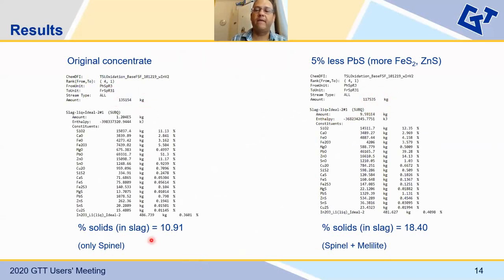But most important is that the percentage of solids in the slag increases a lot. So our hypothesis is that once you have much more solid oxides in the slag than for the original concentrate, you are fixing the oxygen much more effectively in the condensed phase, which leads to a decrease in the partial pressure of oxygen in the system. And of course, the whole reactor depends quite a lot on the oxygen partial pressure in the system.